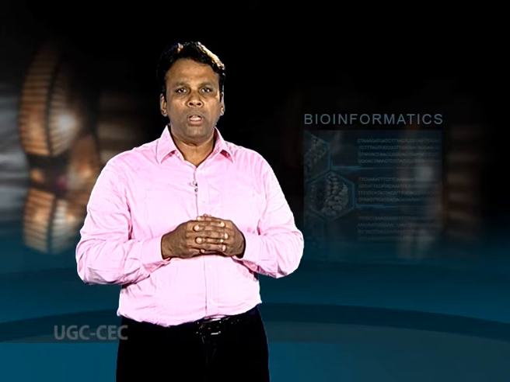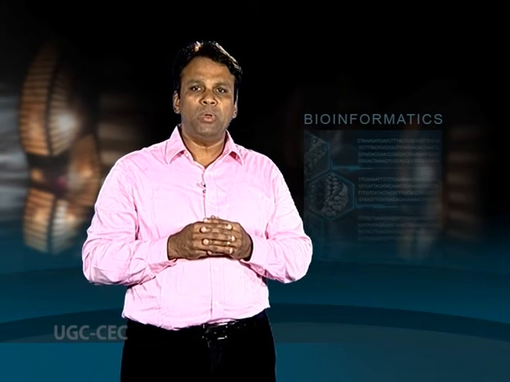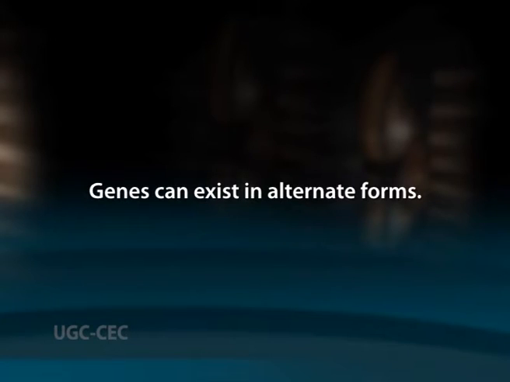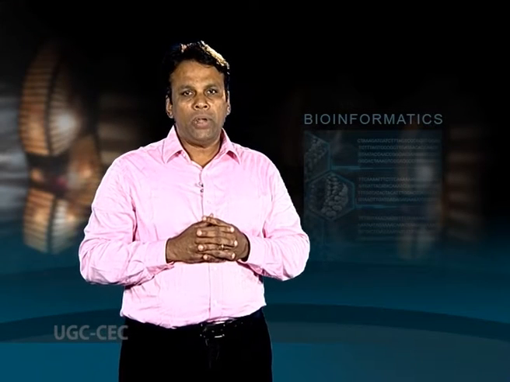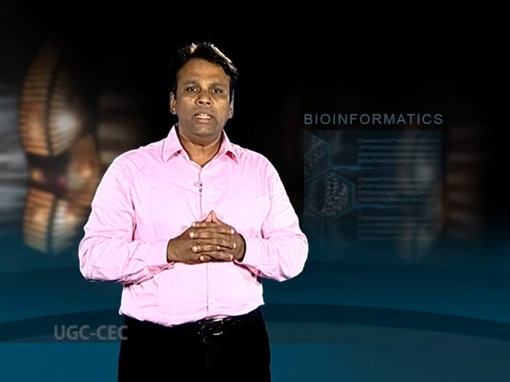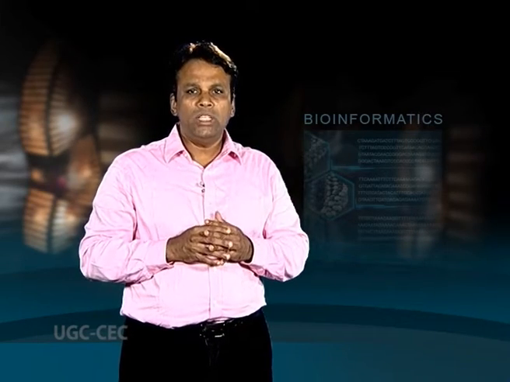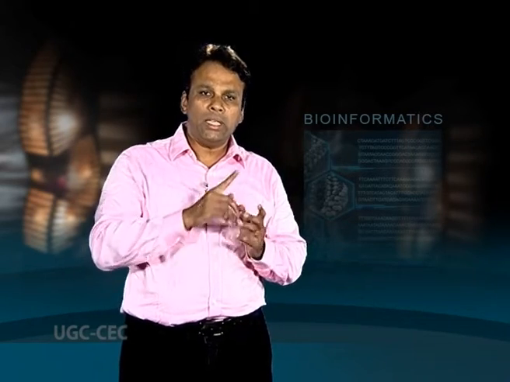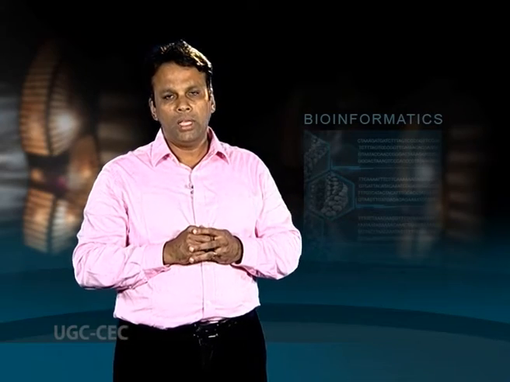One of the important findings of Mendel's experiments was that genes can exist in alternate forms. He identified two different allelic states, one dominant and one recessive. Sometimes one allele did everything to determine the phenotype, but the other did nothing.